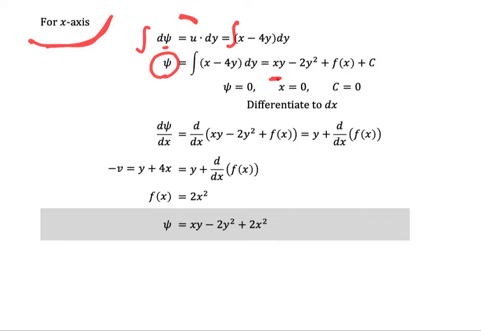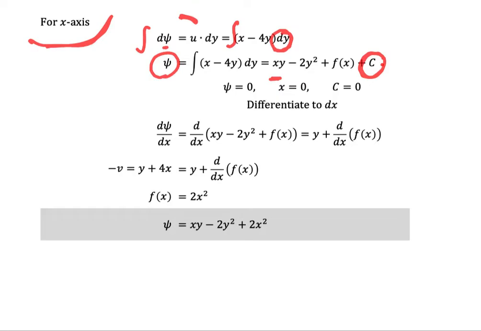And then because we did the integration in terms of dy, we need to add the constant of integration. The common one is the integer, meaning it's a constant, just a number: 1, 2, 7, 3.5, and so on.